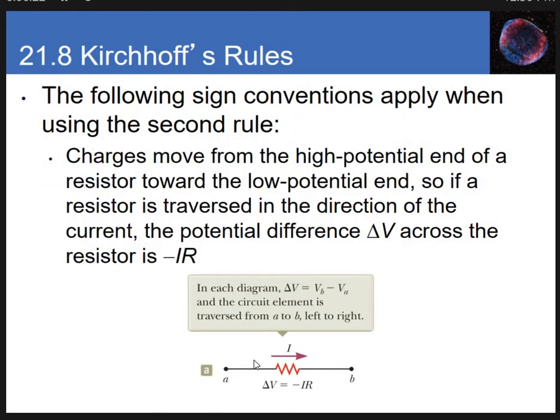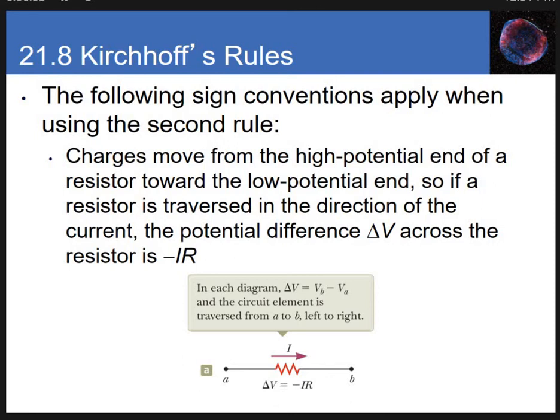Look at this one. When the current goes through the resistor from this side to this side, this one is polarized negative. So when the current goes here, it will polarize this side positive and this side negative. That's why the potential difference is negative. This is important for how we polarize all these devices when we apply the two Kirchhoff rules, the loop rule and the junction rule.